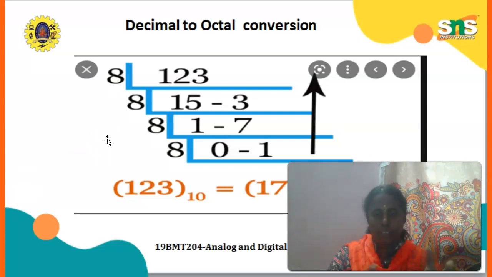If it is automatically base 10, it is the decimal number. For octal conversion, we have to divide by 8 and write down the remainder. What do we mean by an octal number, which we already saw? 0 to 7 only. The number starts from 0 and ends at 7. So we divide by 8, the remainder is written at the right, and finally we get the result from bottom to top. This is decimal to octal conversion.